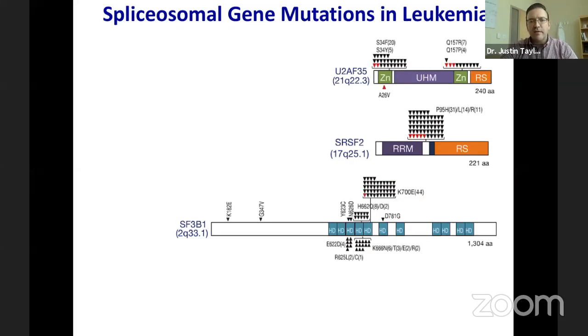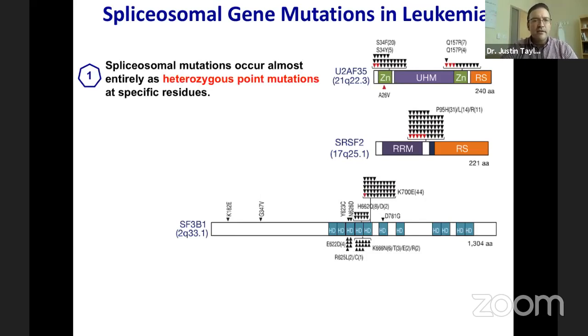But today we're going to focus on the myeloid malignancies, where mutations in these forms of leukemia or myeloid neoplasms tend to occur in 4 main genes, almost entirely as heterozygous point mutations at specific residues. I'm showing at the top U2AF35, also called U2AF1, with 2 hotspots, S34 and Q157.